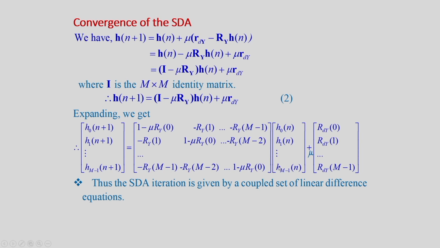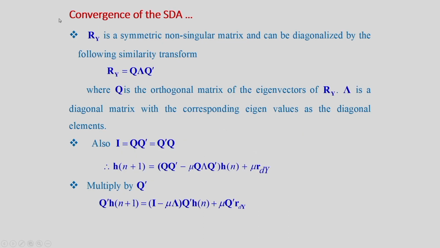That way it is a coupled set of linear difference equations. For convergence analysis, we want to represent this set of difference equations as an uncoupled set of difference equations. So, for that we do this similarity transformation.